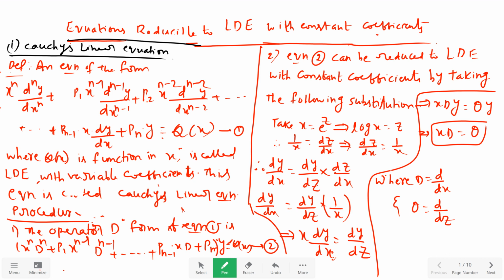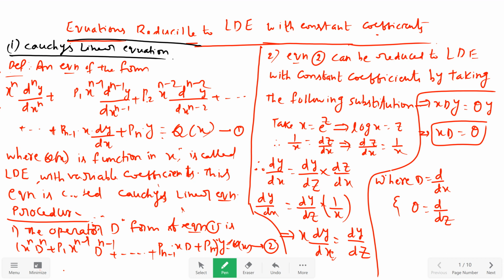So x into d by dx of y. Here d by dx can be taken as the operator capital D, so x D y on the left side. Similarly, the right side, dy by dz, can also be written in operator form, that is d by dz of y.